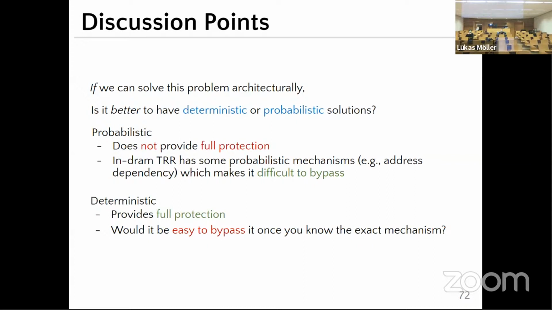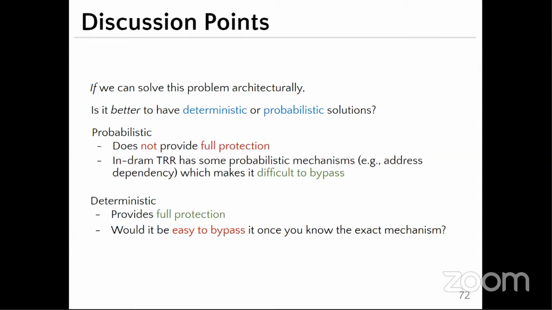So I wouldn't say that we need deterministic protection necessarily. At some point, I think there are just easier ways to defeat a computer than to rely on the small probability to defeat it with RowHammer.